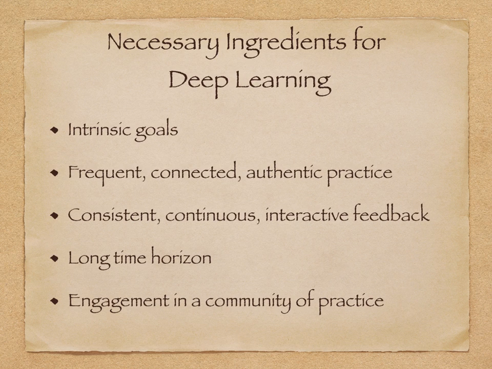So some necessary ingredients for us to develop deep learning are intrinsic or internal goals. For each one of these, I'm going to have a brief presentation describing what each one of these are. I may have combined one or two of these.